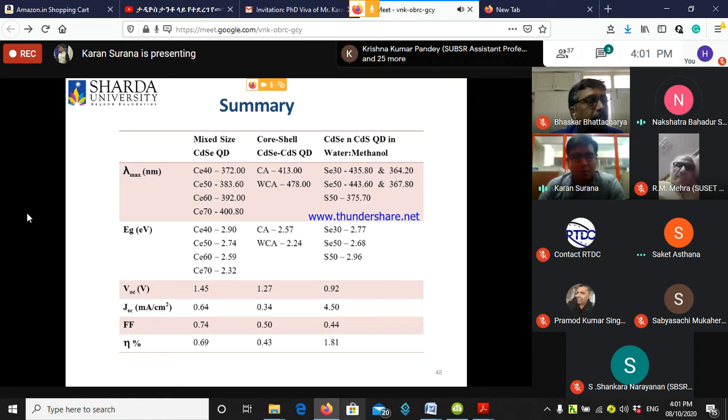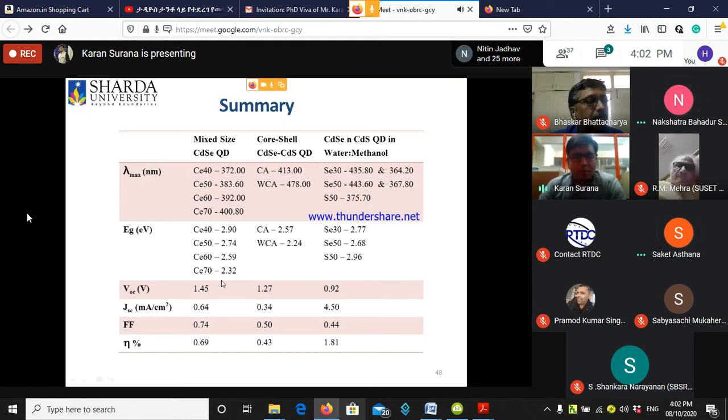The VOC which we obtained when we tried with only CdSe and TiO2 was fairly between 0.6 and 0.7 only. So in order to tune the band alignment of the cell, we eliminated the TiO2 and used only the quantum dots.